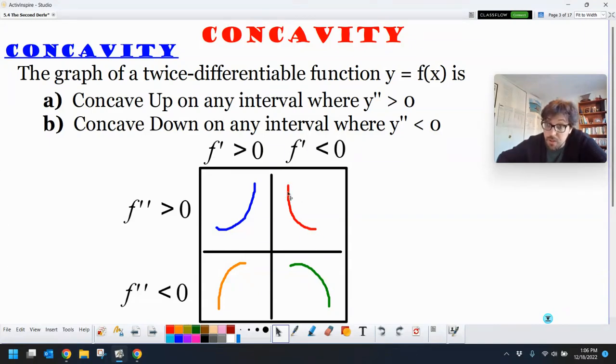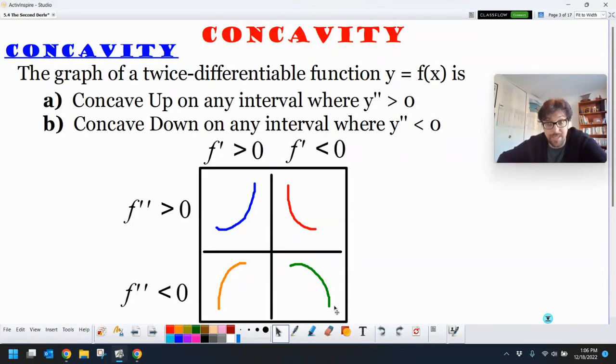Here we're also concave up, but our first derivative is negative, so we're decreasing and concave up. In this spot right here, we're making a downward shape U, so these are concave down. However, this first one is increasing and the second one is decreasing. So increasing and decreasing are not connected to concavity.